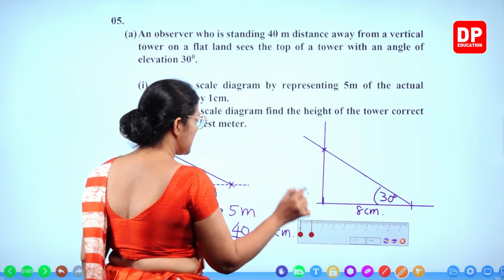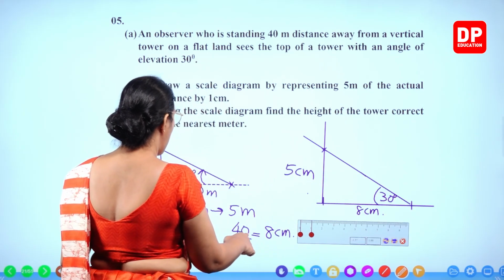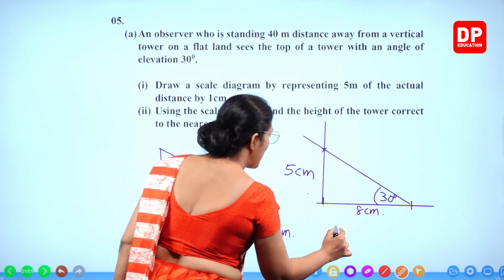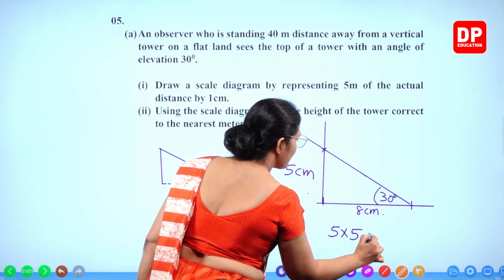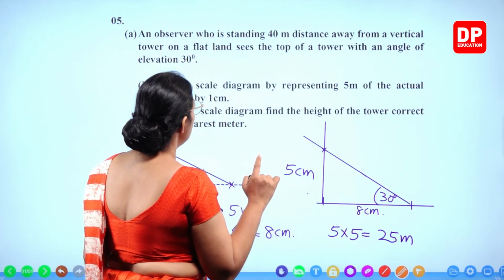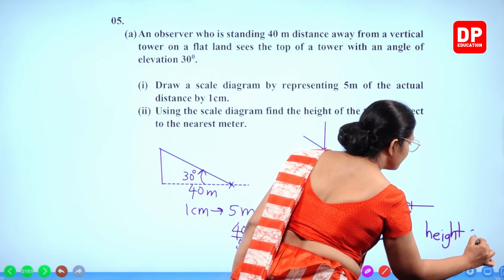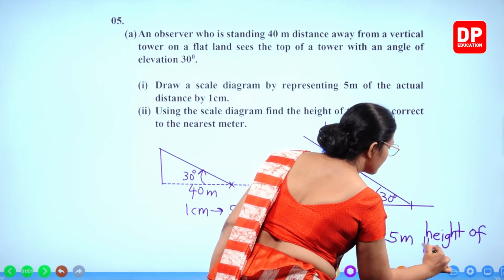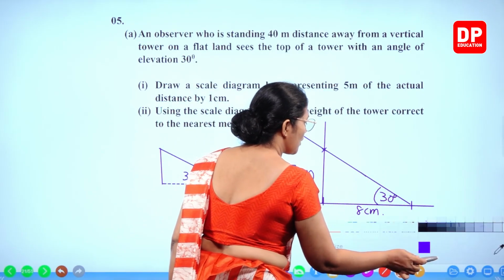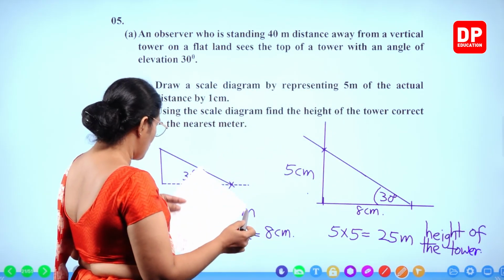So 5 centimeters is the scale value multiplied by 5. 5 times 5, 25 meters is the height of the tower. Because you have to convert to meters. 1 centimeter represents 5 meters.